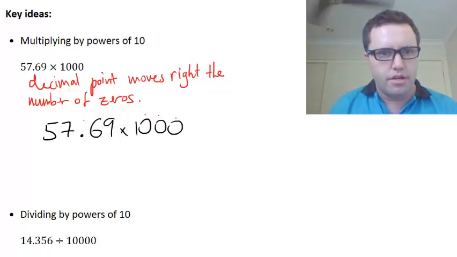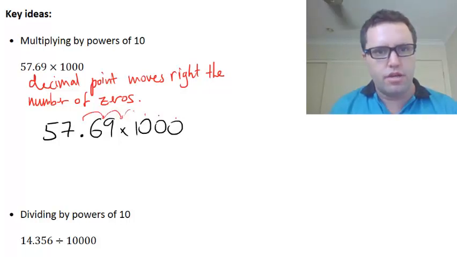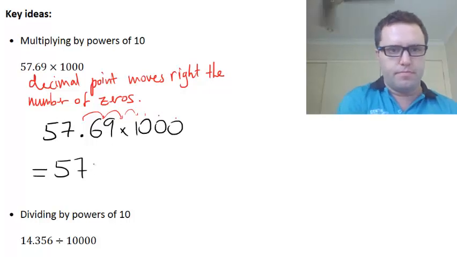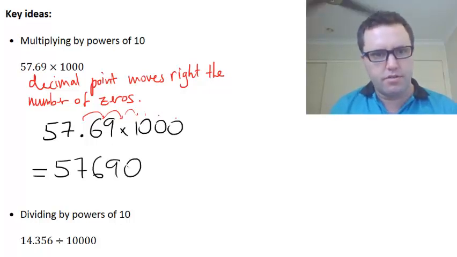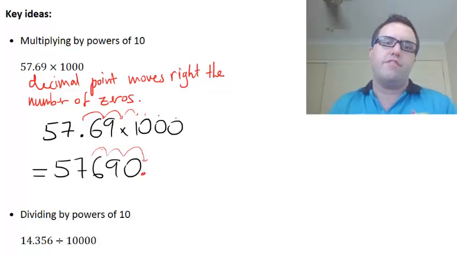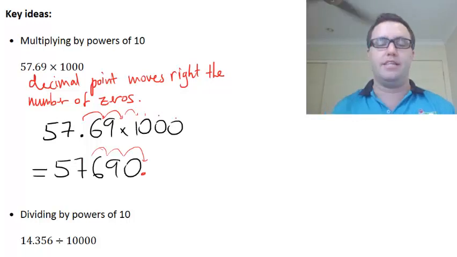So that's 1, 2, and then an extra 1 again. So our answer is going to be 57690. That was our decimal point jumping to here. So 57,690 is our new number.